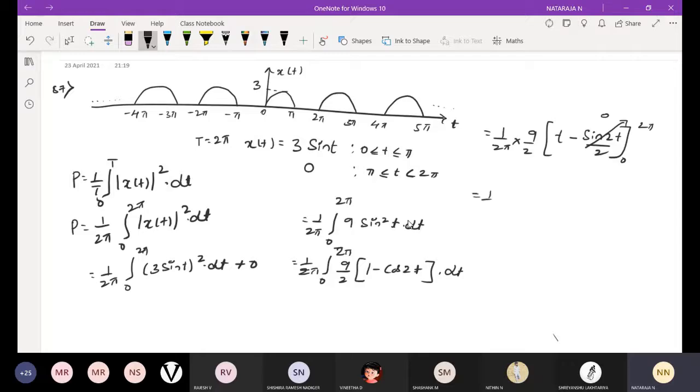Now 1 over 2 pi or 9 by 4 pi into upper limit minus lower limit, 2 pi minus 0. This will be one time. It gets cancelled by 2. You will get 9 by 2 watts. This is the power for the given signal.